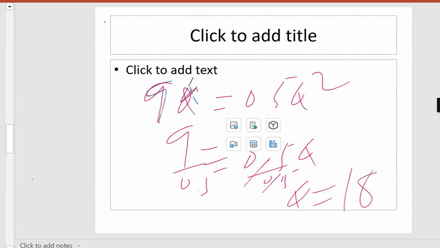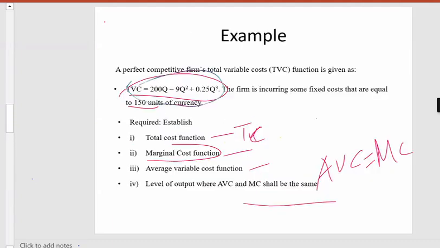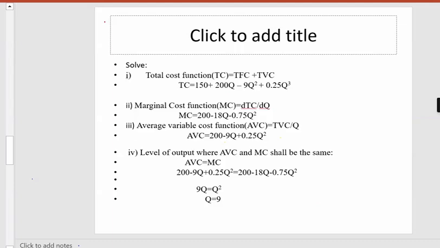You get 18? Yes. So this is the level of output where marginal cost and average variable cost are the same. That level is 18. Q must be 18. But I got 9. How? To check, let us see together here.